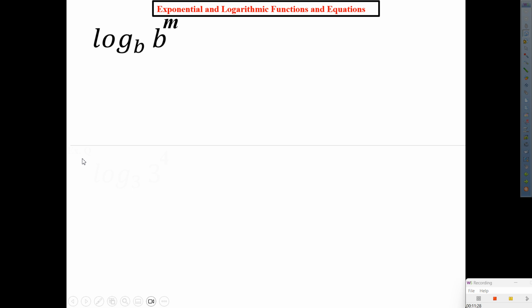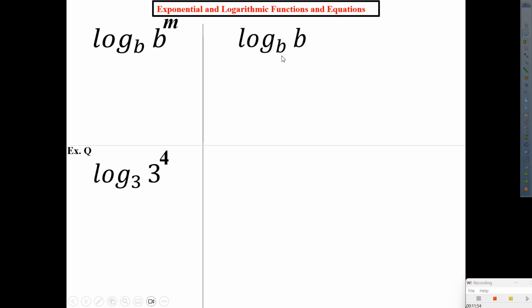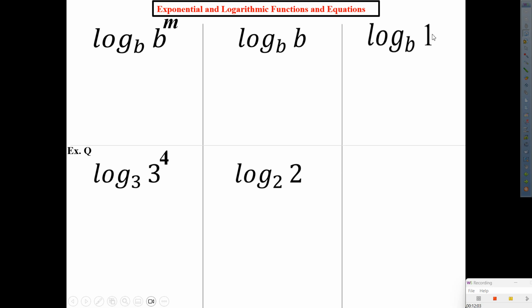And then example Q, log 3 to the 4th. Then you draw a line down. Then you're going to write log b of b. Underneath the line, log 2 of 2. And on the right side, log b of 1. And underneath, log 10 of 1. I'll give you some time.